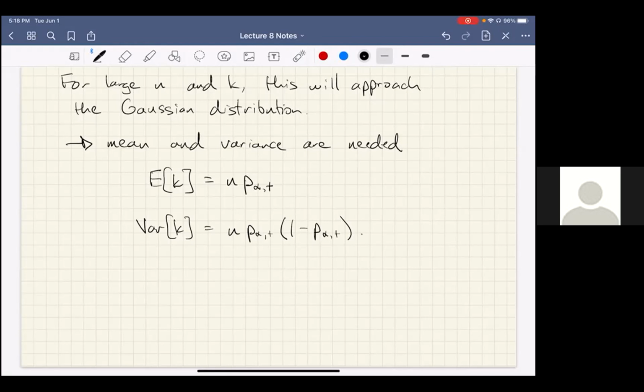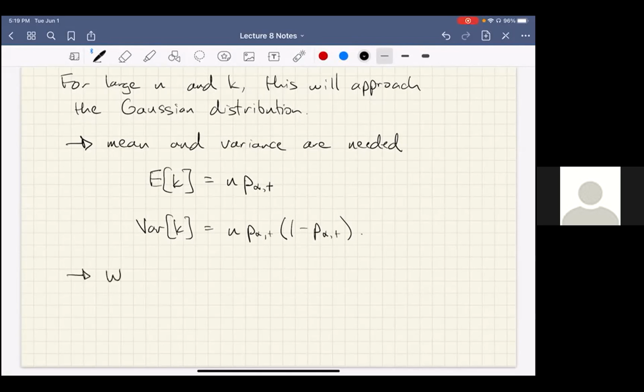Now, for small n, this gives you a Gaussian random variable. But what I'm really interested in is what happens when n gets very large.